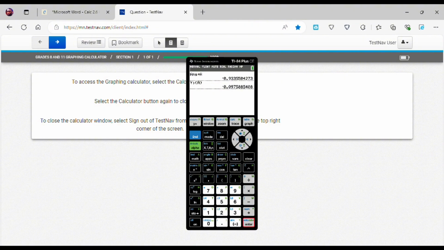This is our y3 of alpha, okay? So we can store that. Hold on. So we're going to store that as alpha b. Okay.